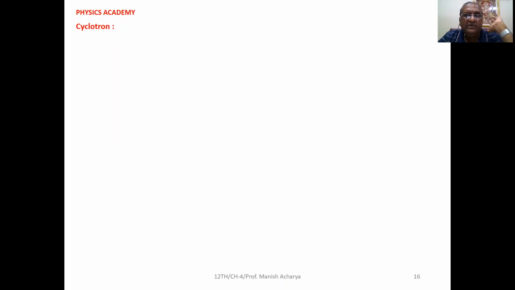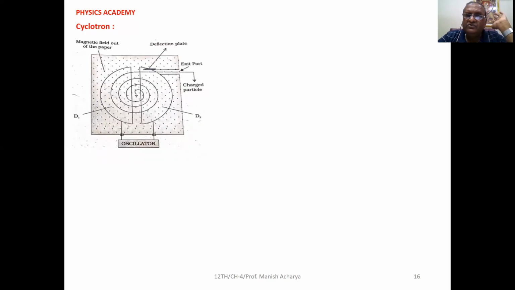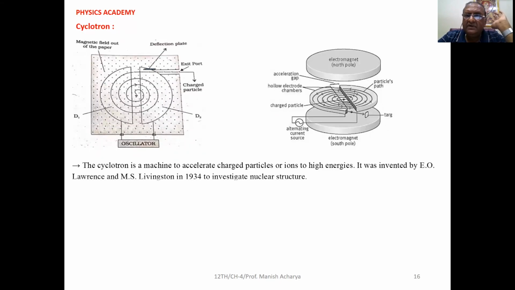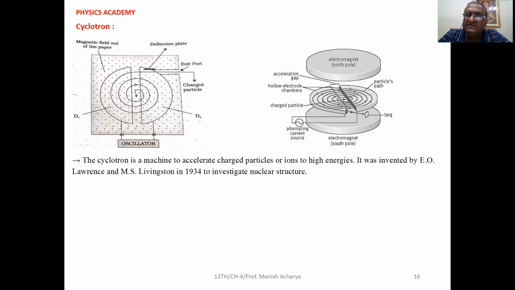On this particular principle, this device is developed. Two scientists named Lawrence and Livingston developed this particular device to carry out the study related to the nuclear structure, right?